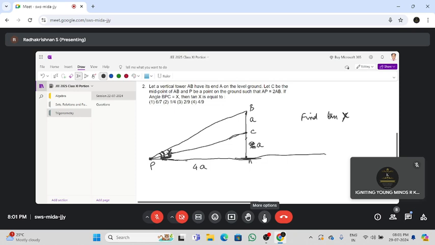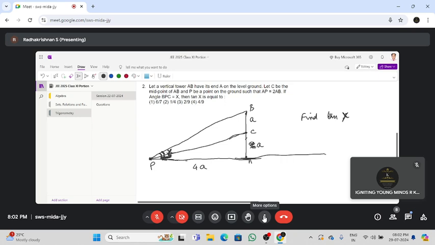So what technique can we use here? Anybody? Think.